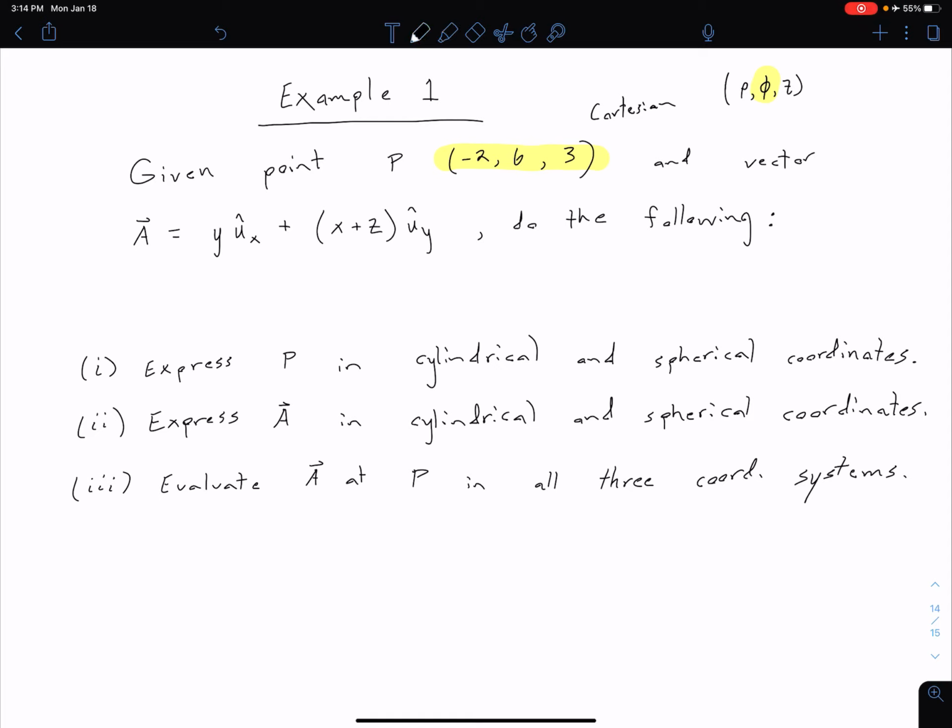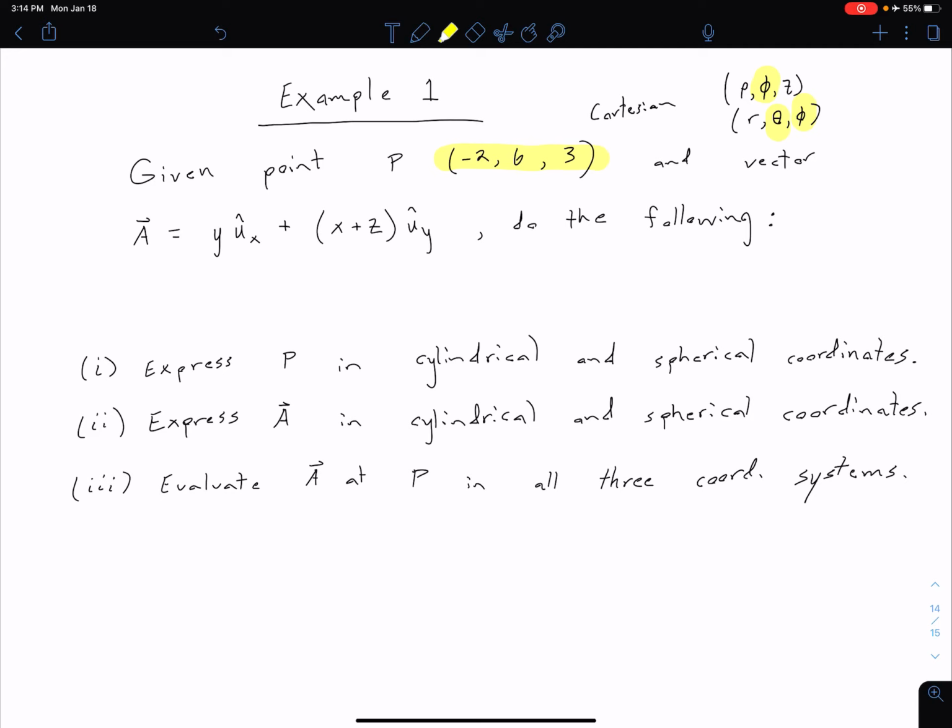And then for our spherical, we have r, theta, and phi, so we have two angles here. But because we don't have any degrees or any indication that any of these units are radians, we can know that we are dealing with Cartesian.